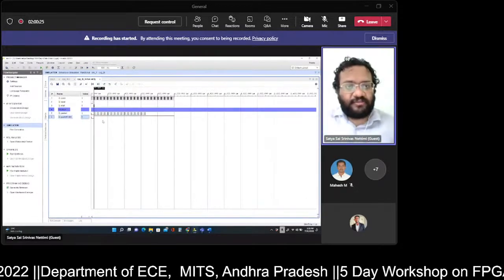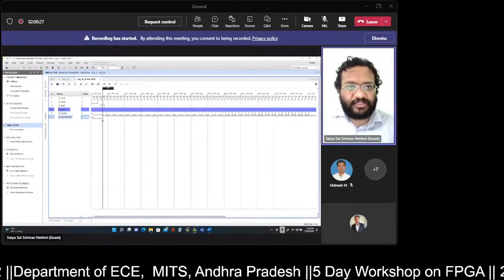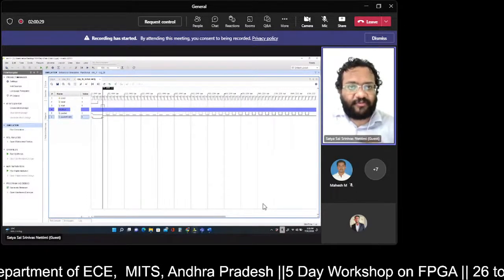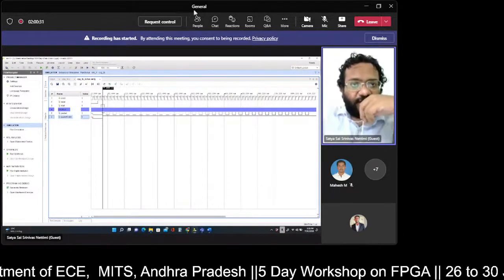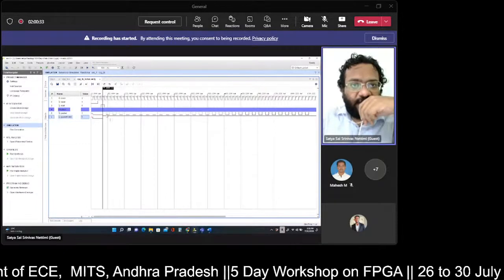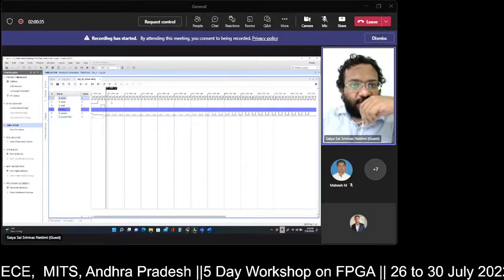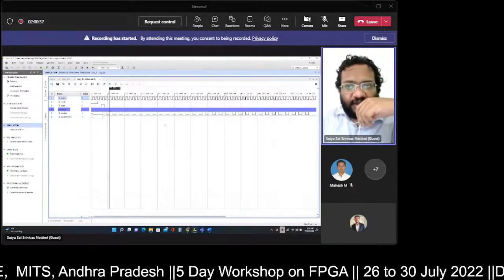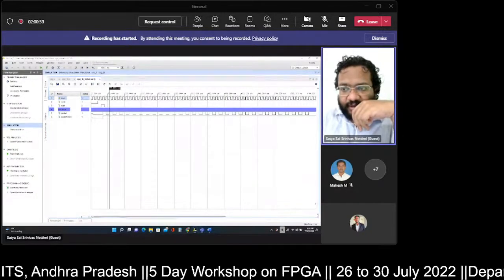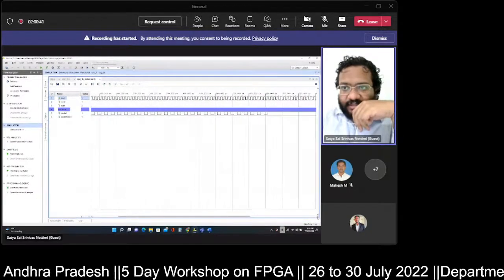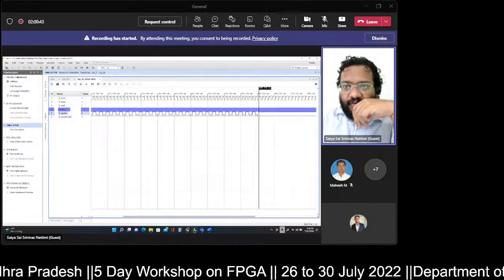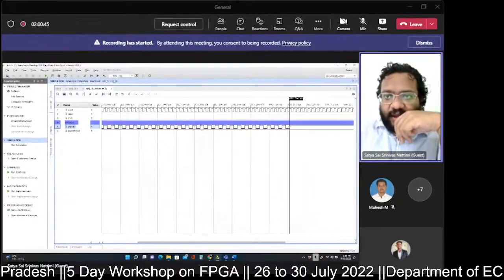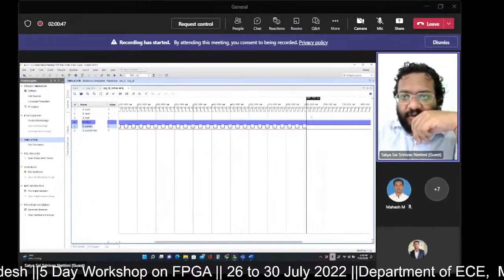Yes, we can see here. We'll zoom it. So when the frame value is high, we got the first bit of the Ethernet frame as 1. In the next clock cycle 0, next clock cycle 1. So like this, it is alternating. And at the end, I think this is the 63rd bit, 1.